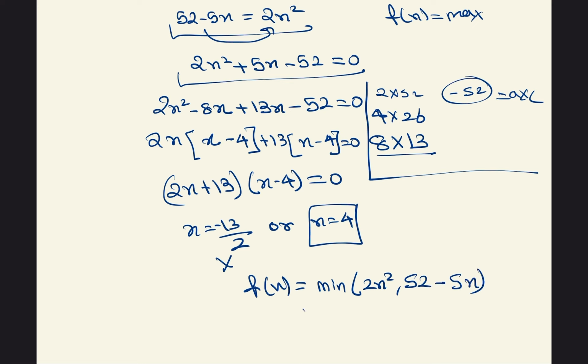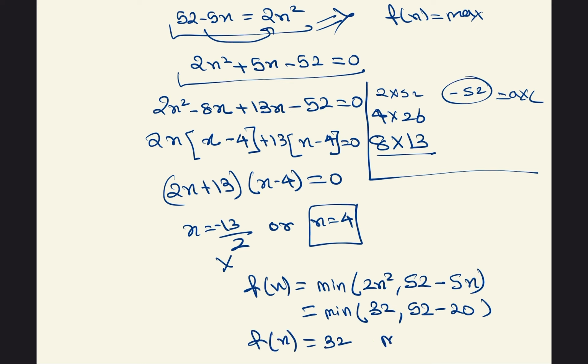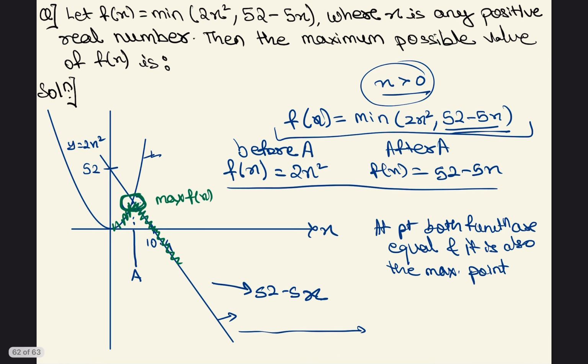We just put x here, and both will be equal because that is the condition on which we solved it. 2x square is 2 times 4 square, which is 32, and 52 minus 4 fives are 20, again 32. The minimum of this is 32, which is the maximum possible value of f of x. So the answer is 32.